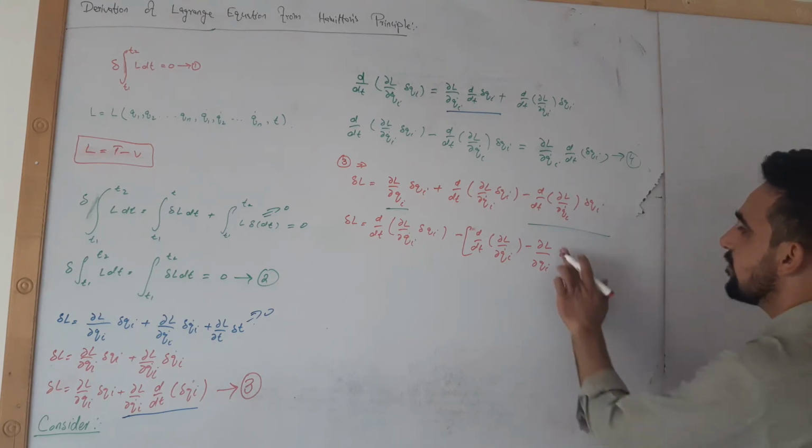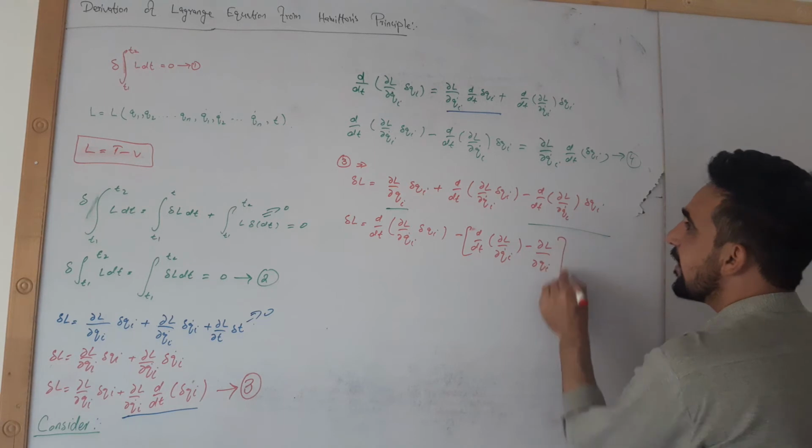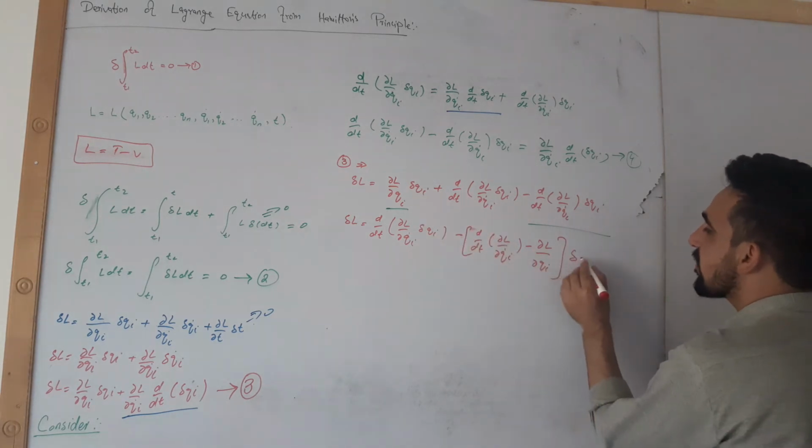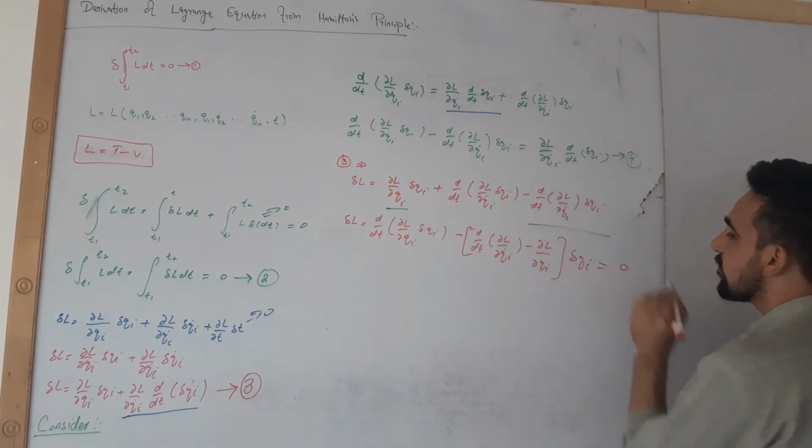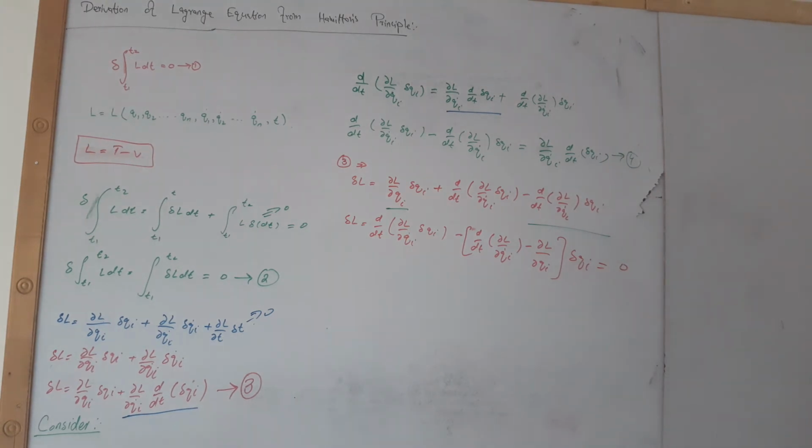Both these terms have del qi in common. Del qi is equal to 0.